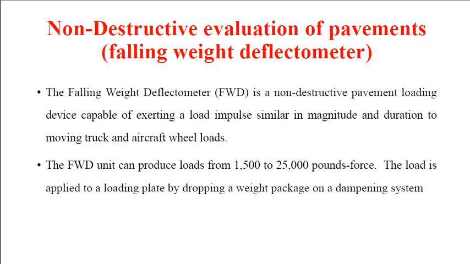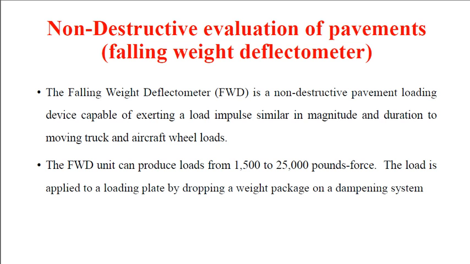The non-destructive evaluation of the pavements. The falling weight deflectometer, that is FWD, is a non-destructive pavement loading device capable of exerting a load impulse similar in magnitude and duration to moving truck and aircraft wheel loads. The falling weight deflectometer unit can produce loads from 1500 to 25,000 pound force.